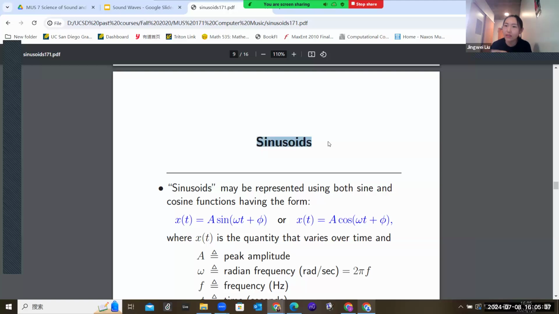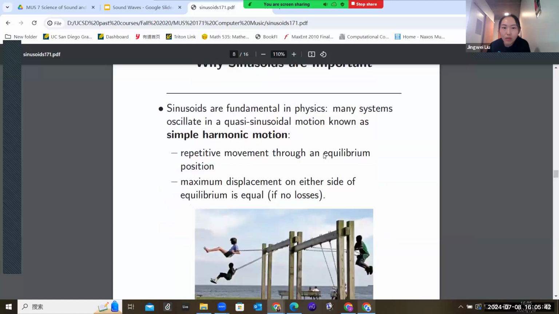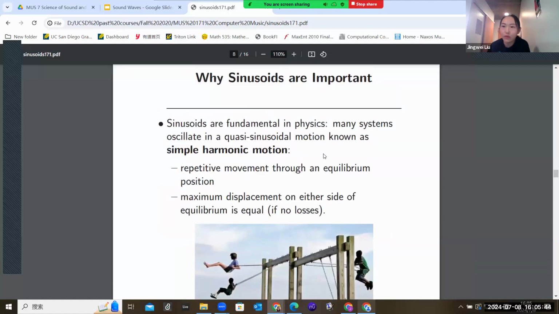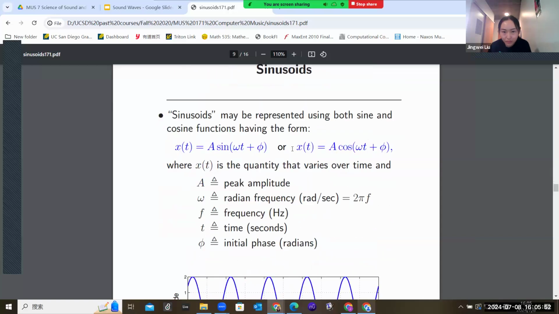Sinusoids are easy to compute, easy to transform, and if you perform mathematical or digital operations, it's the easiest model to study.